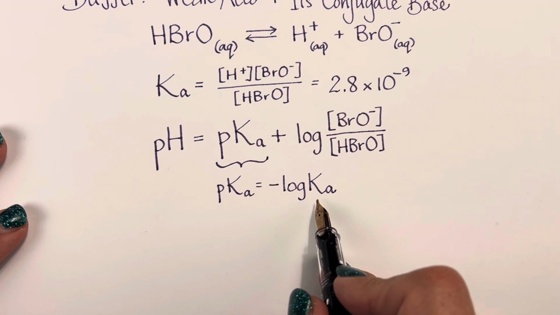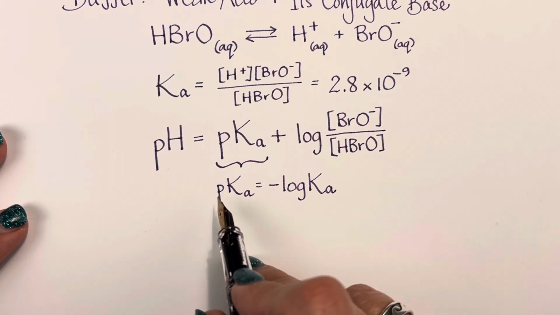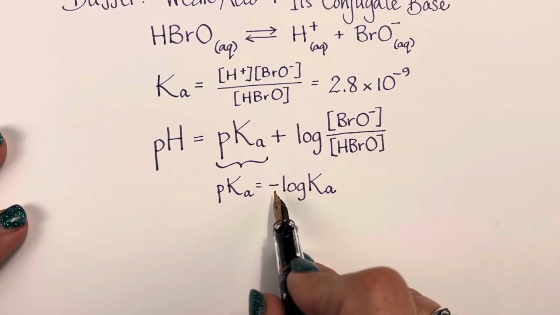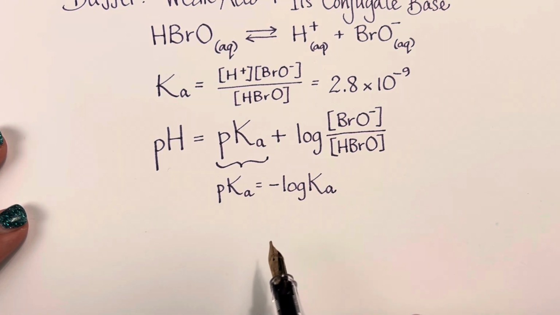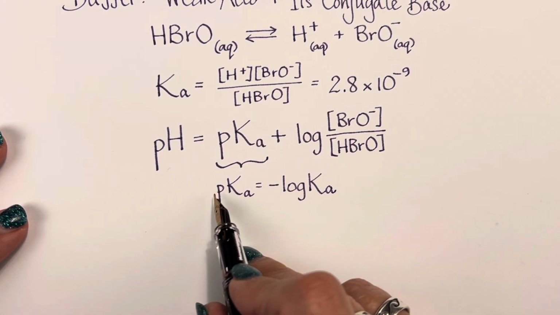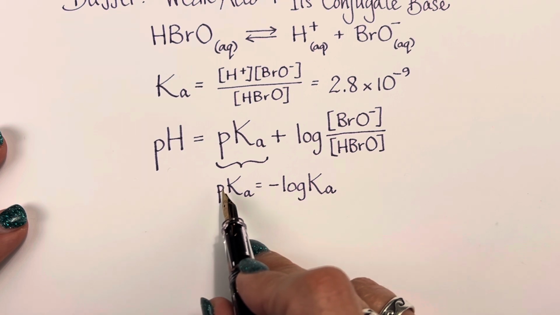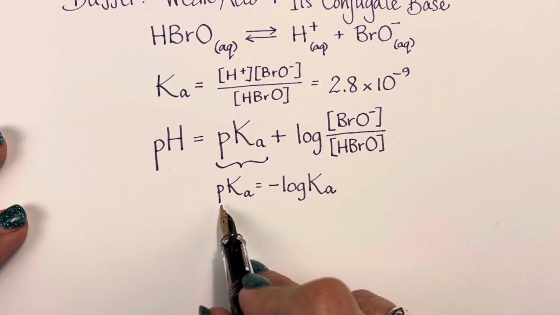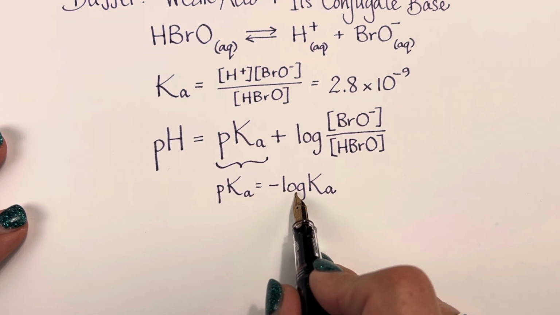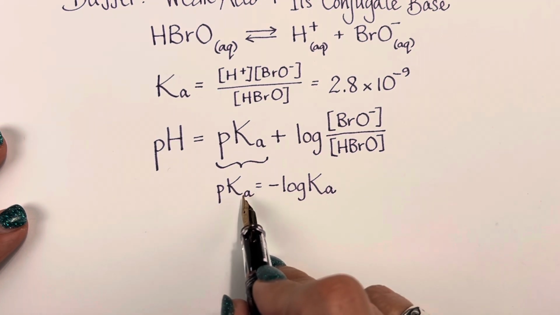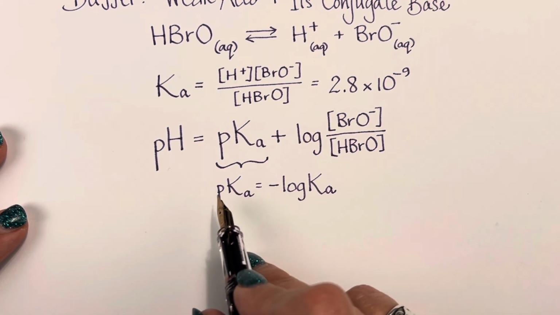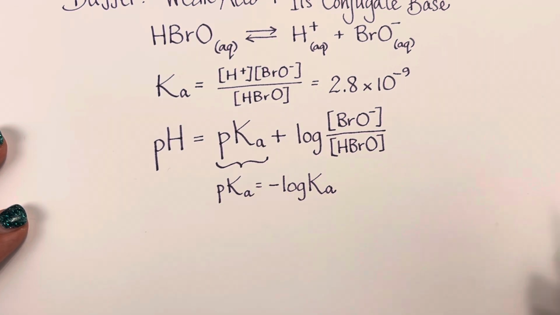And if this looks familiar to you, if you're thinking about pH equals minus log of the concentration of H plus, you are correct. This lowercase p is essentially a mathematical operation. That is the minus base 10 log of whatever is following the p. In this case, it's Ka. So pKa is minus log of Ka.